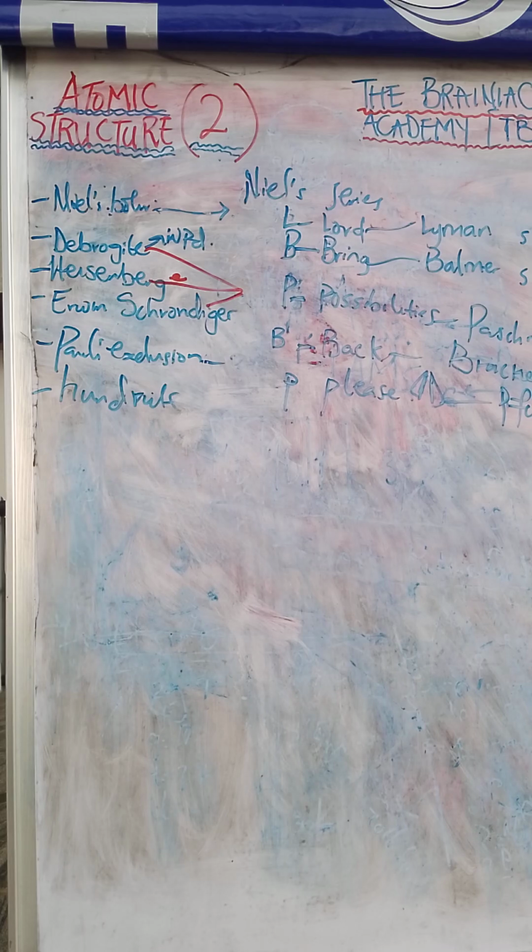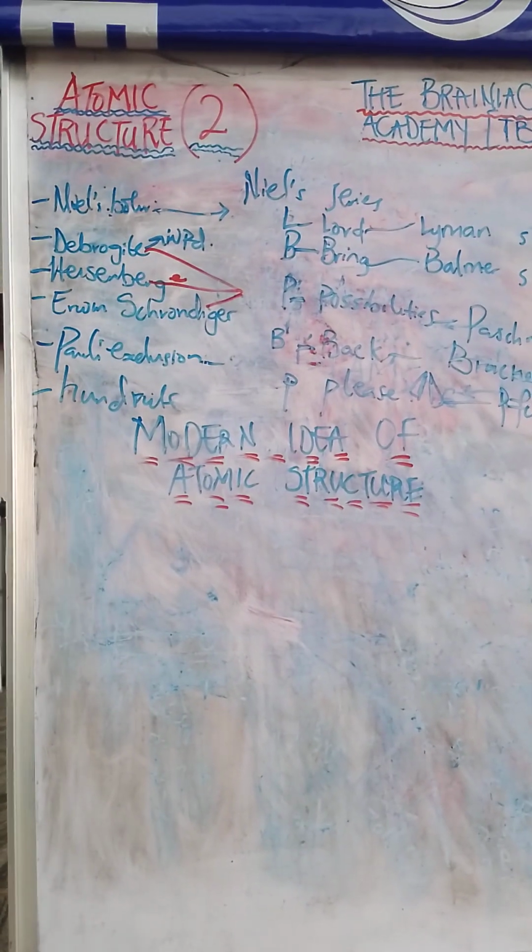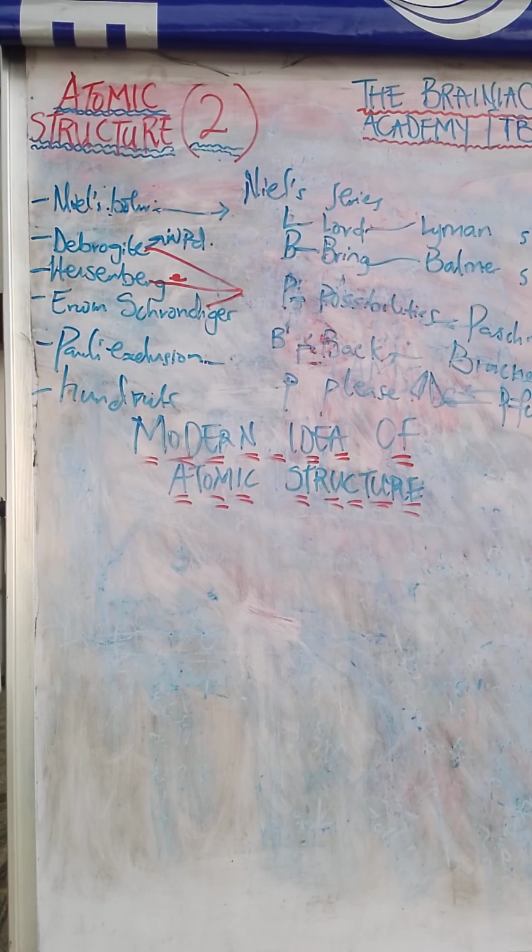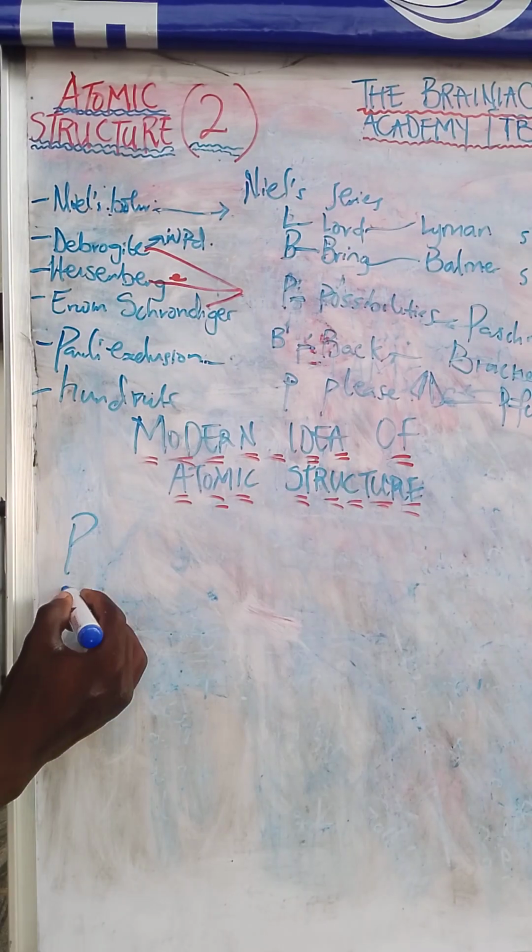Let's now go into the modern idea of the atomic structure. From that thing said we cannot divide this thing into three, but our modern atomic structure was divided into PEN.